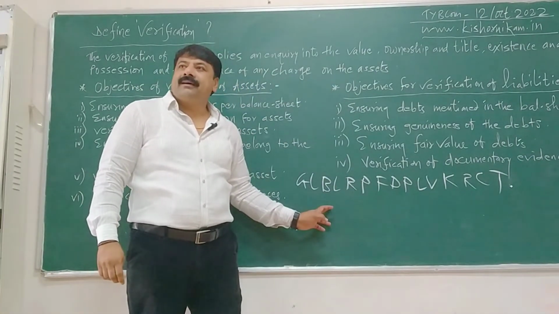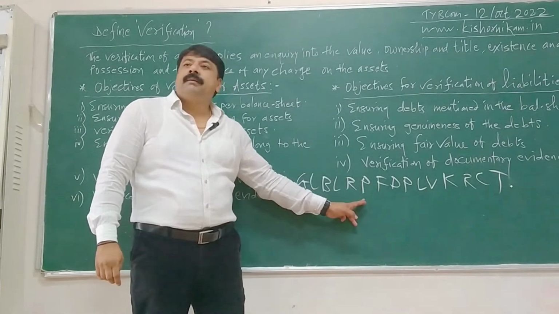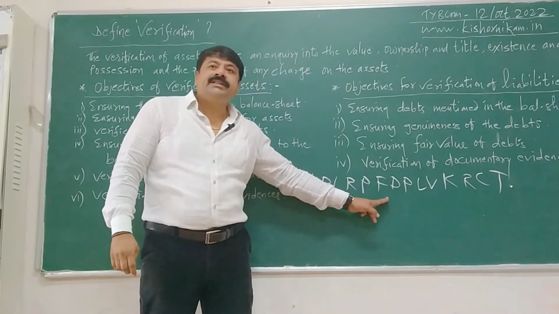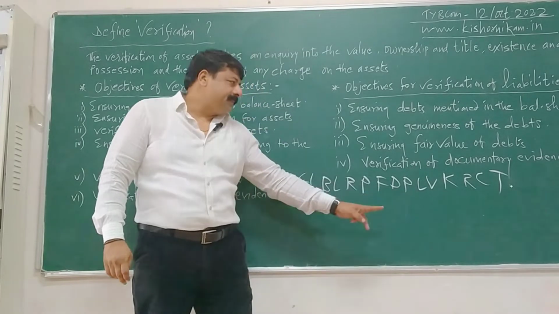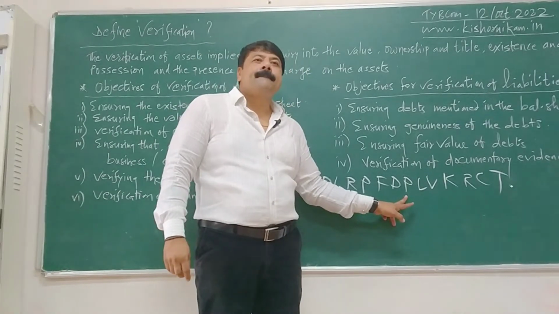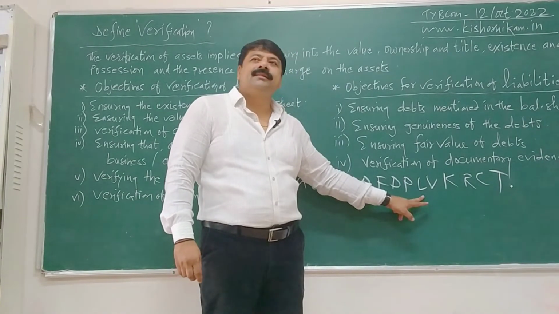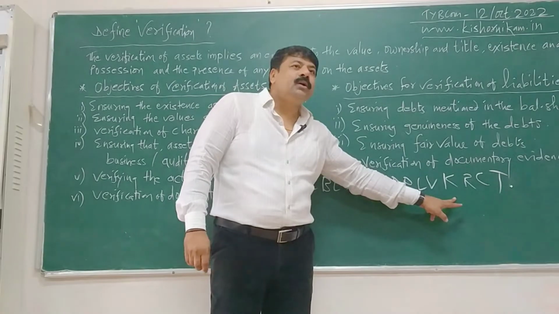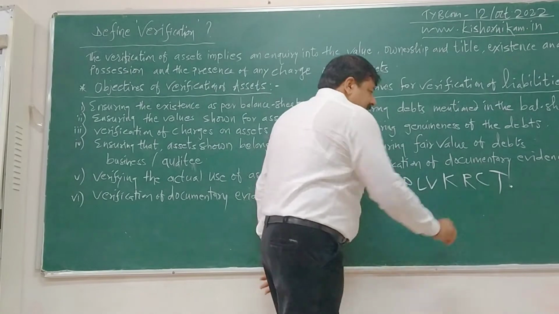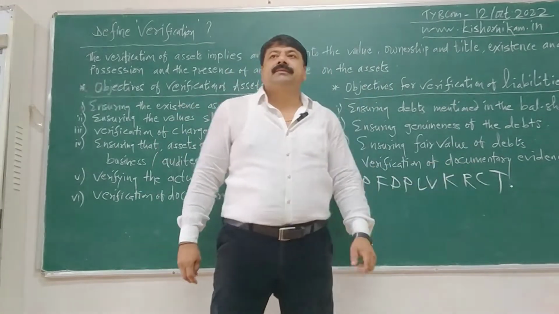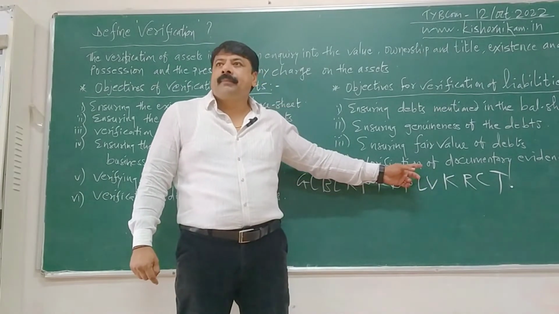Goodwill, land, building, livestock, railway sidings, plant and machinery, furniture, fixture and fittings, then dead stock, then patents, loose tools, vehicles, know-how, technical know-how, road licenses, copyrights and trademarks. This is the definition of assets. Is that clear?